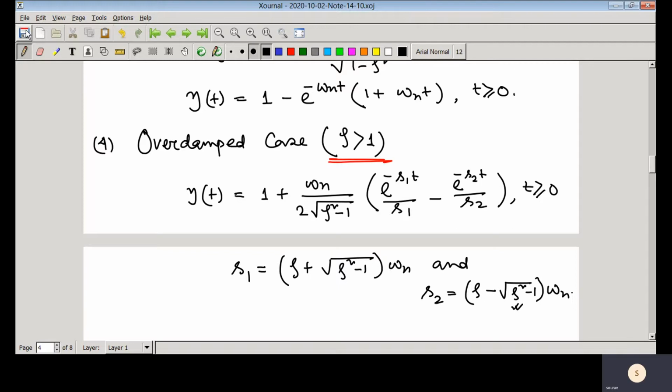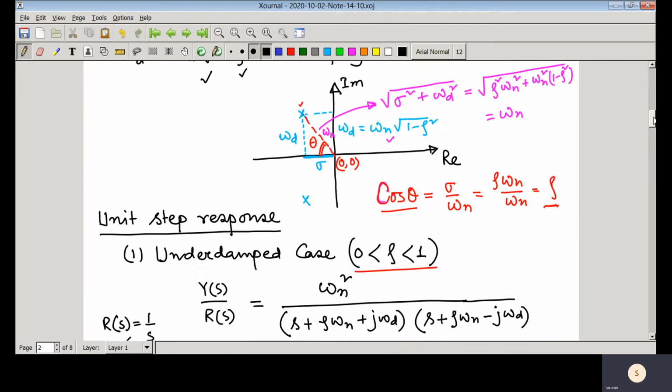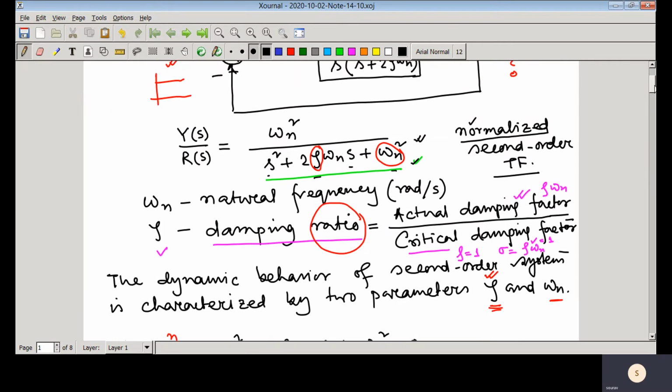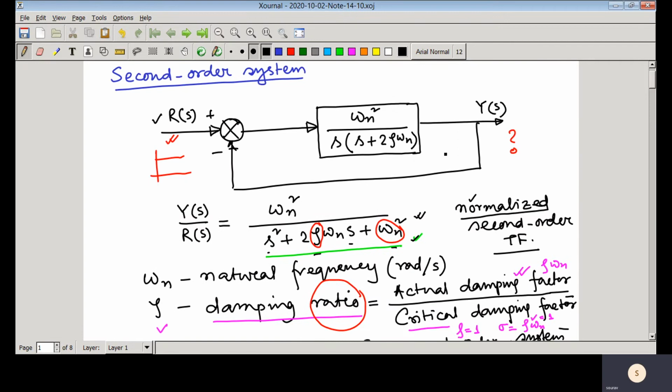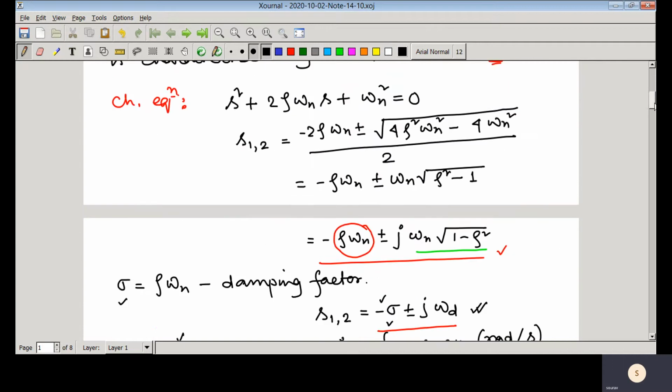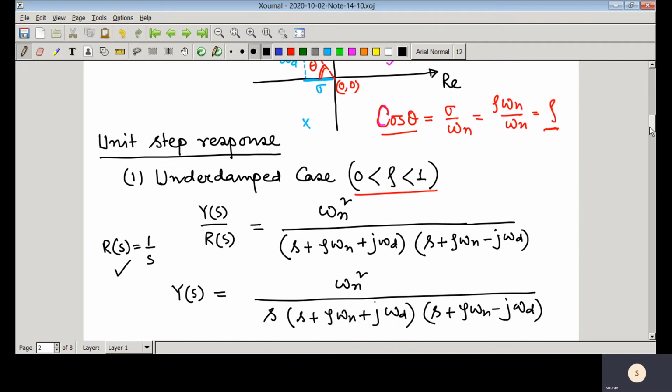So what we have seen now is that whenever we have a second order transfer function in normalized form, we can realize this particular transfer function as a closed loop feedback system, and here you have the input, to which you have applied a unit step function. Then we are interested to see what the output would be, and here we have considered 4 different cases depending on the values of zeta.